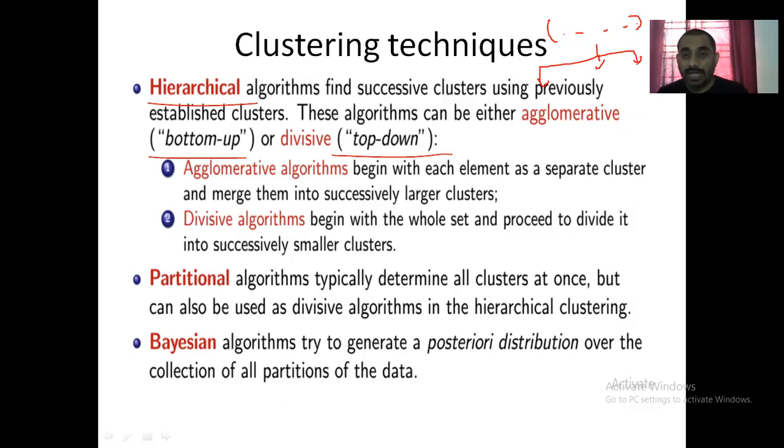Like, suppose we have the numbers 1, 2, 3, 4, 5, 6, 7. So it is one single set.